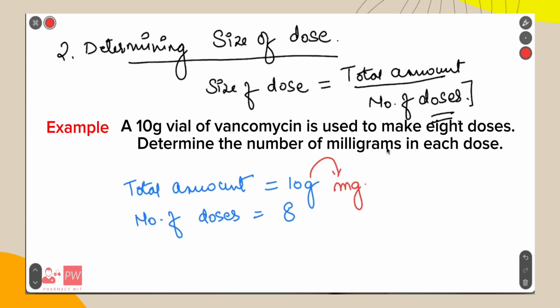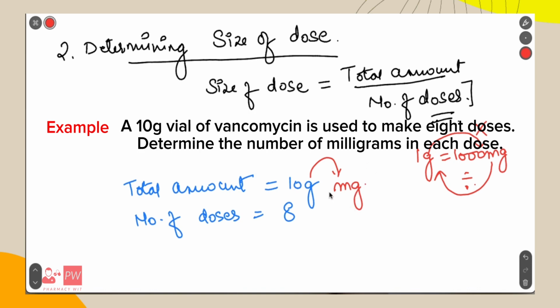How to convert gram into milligram? 1 gram is equal to 1000 mg. If you want to convert gram into milligram, you have to multiply it by 1000. If you want to convert milligram to gram, you have to divide it by 1000. But here I want to convert from gram into milligram, so I have to multiply it by 1000. So I will get the answer in milligram.